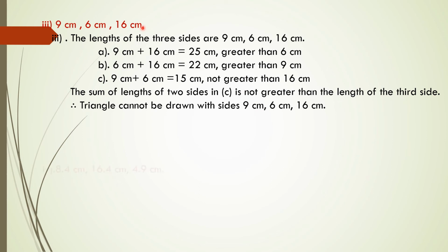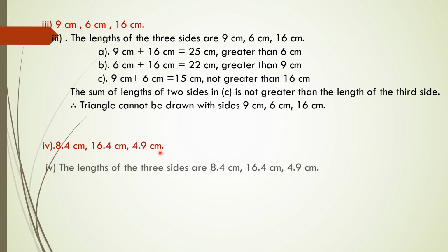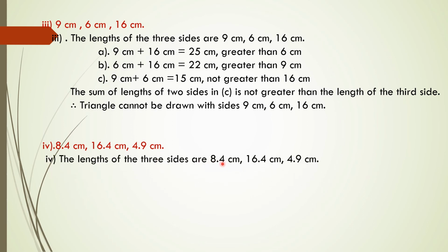And fourth question, 8.4 centimeter, 16.4 centimeter and 4.9 centimeter. If the condition is satisfied, then only you can draw the triangle. Therefore the lengths of the three sides are 8.4 centimeter, 16.4 centimeter and 4.9 centimeter.